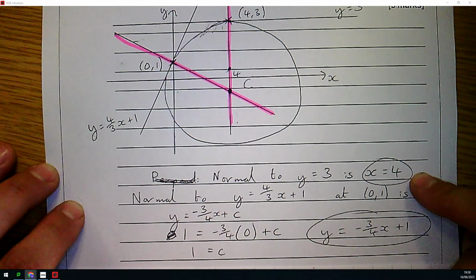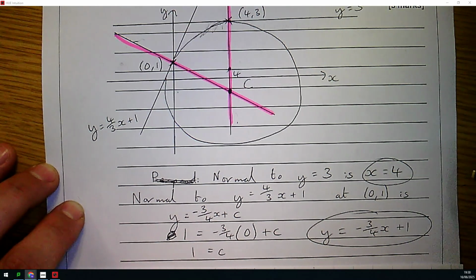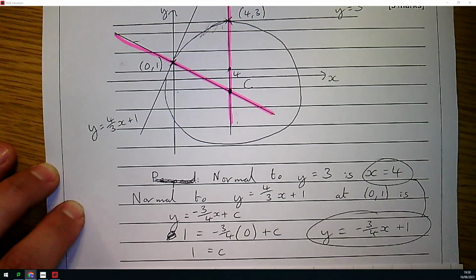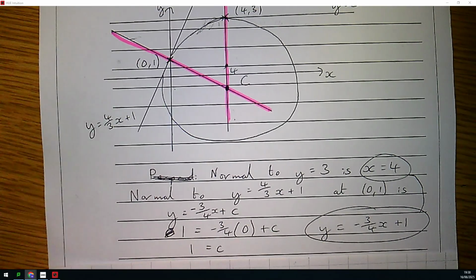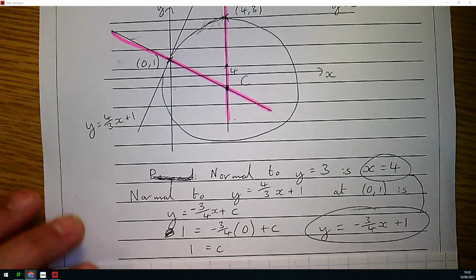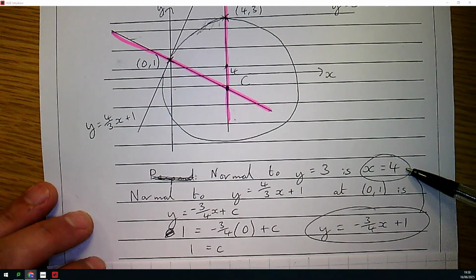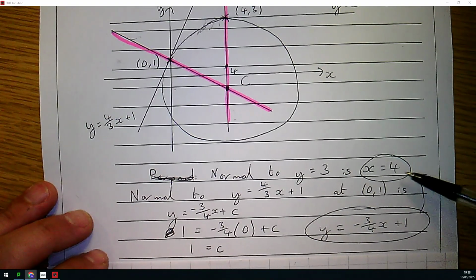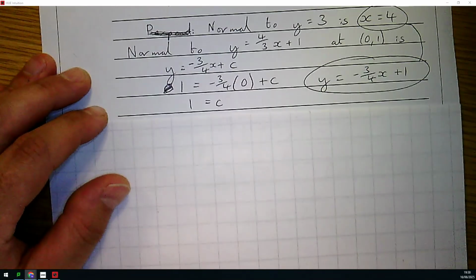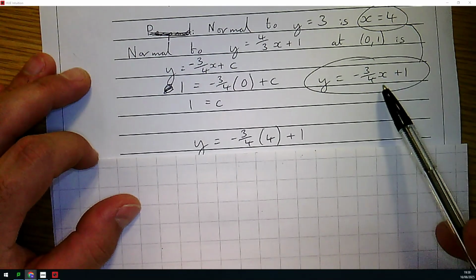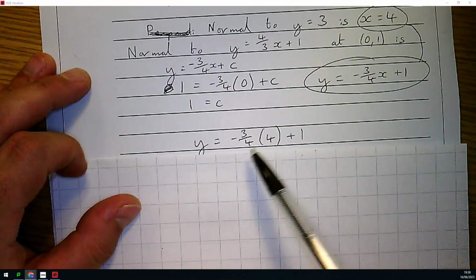They intersect at the centre, so you need to solve these two equations simultaneously to find x and y. Luckily, these are really nice to solve because we know that x must be equal to 4. So we simply substitute x equals 4 into this equation here.